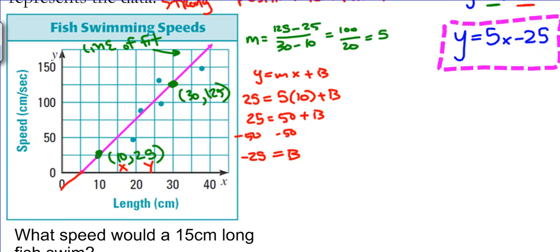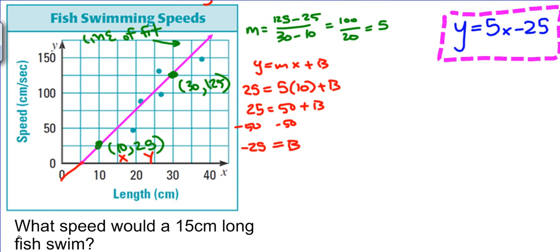So here's the next question. It says, what speed would a 15 centimeter long fish swim? Well, we don't know for sure, but we can use our equation to help us. So 15 centimeters long. Well, is that my x or my y? That's my x. That's my length right here.